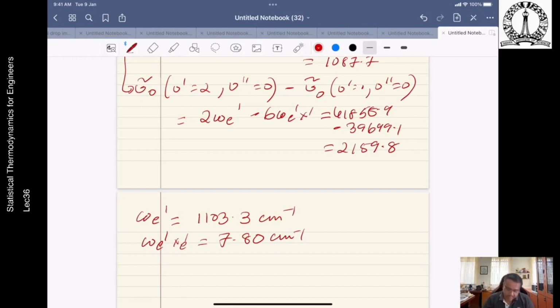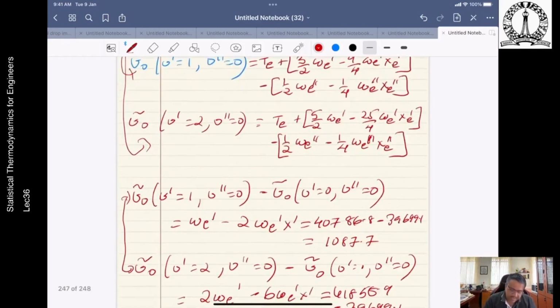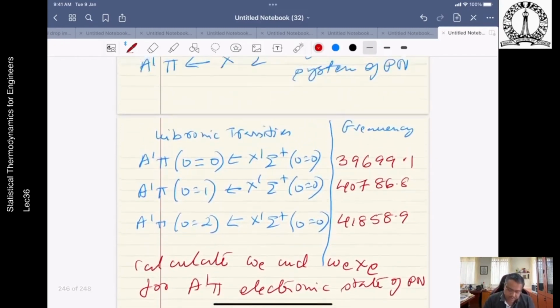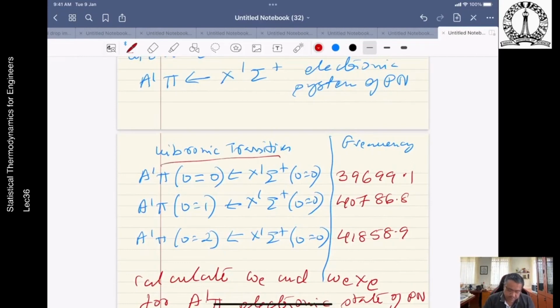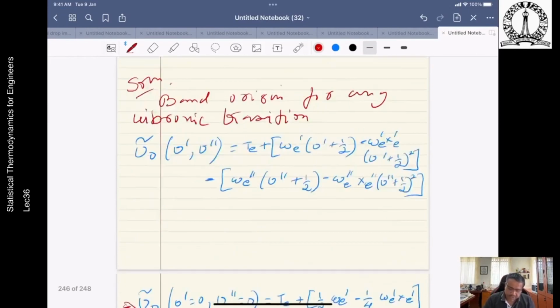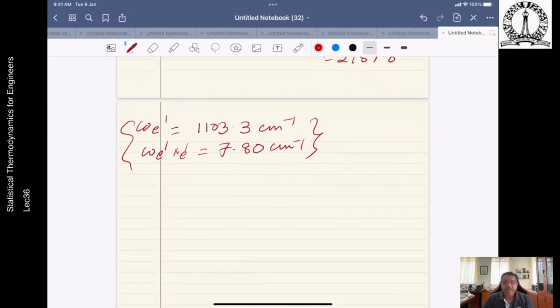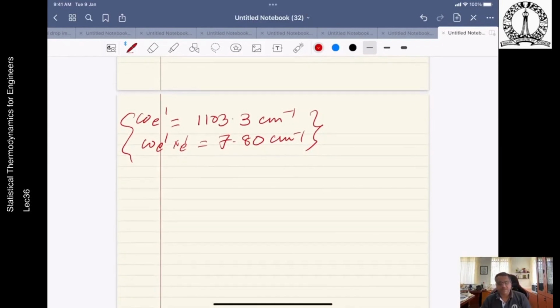This is a standard solution, just by the method of subtracting two equations. As you can see, given the spectroscopic table, if somebody has measured these transitions for you, you can find out these varieties of spectral parameters.